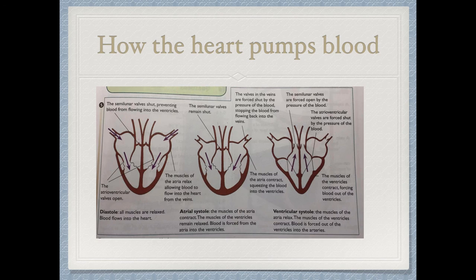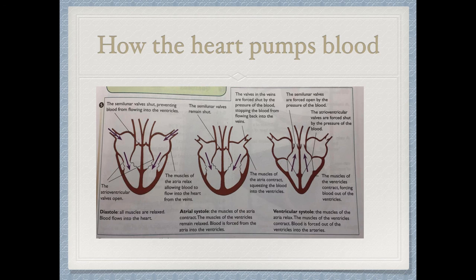Now the semilunar valves are forced open by the pressure of the blood flowing out of the ventricles. The atrioventricular valves are forced shut by the pressure of the blood, to prevent the blood from flowing back into the atria. The muscles of the ventricles contract, obviously, to force the blood out. After this stage, it goes back into the diastole.